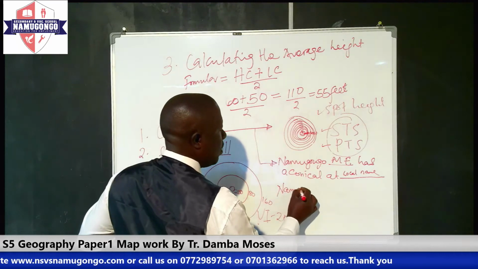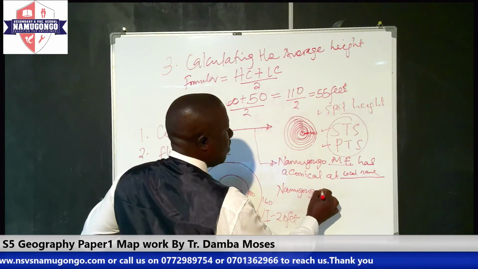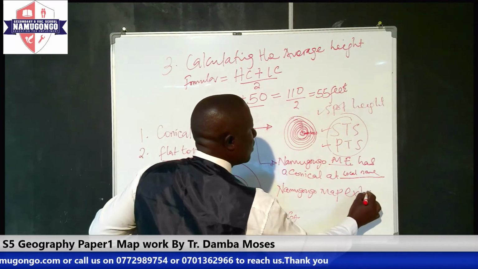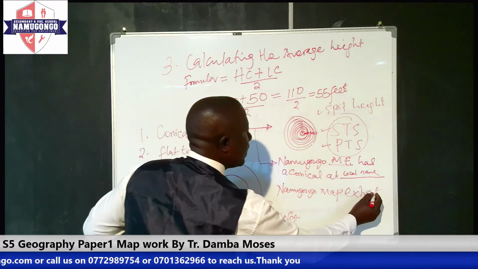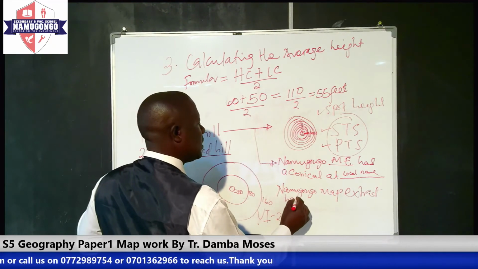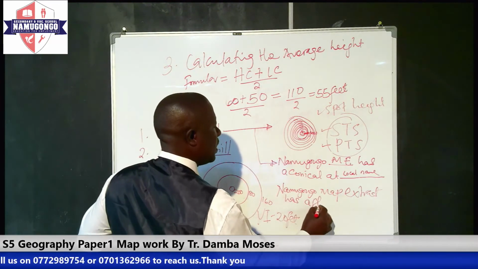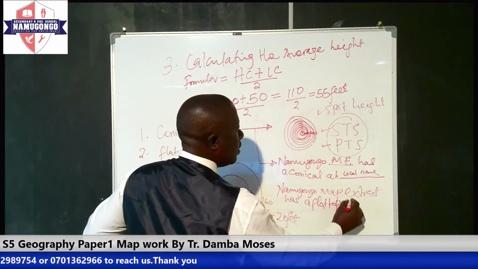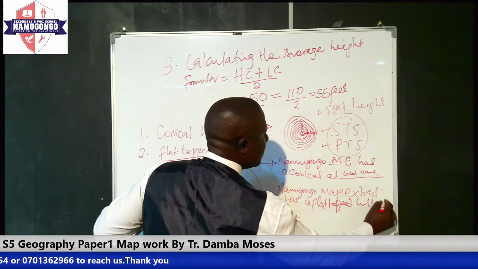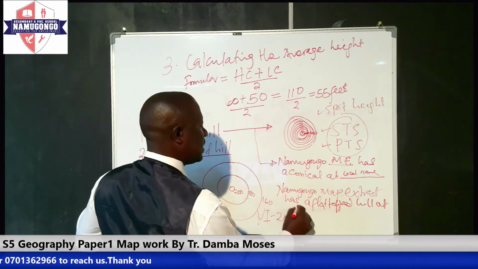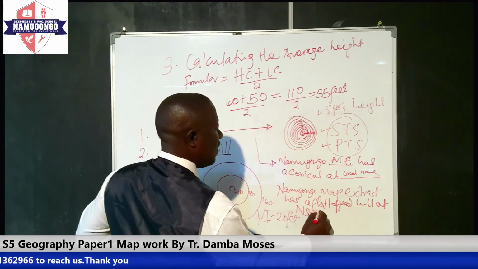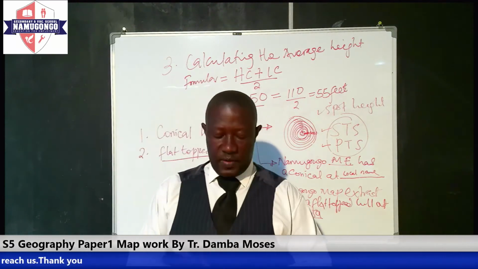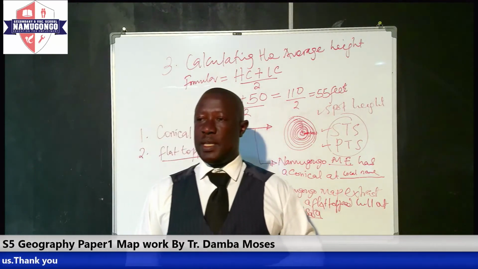Namugongo map extract has a flat-topped hill at maybe Sasa. You give the local name, Sasa. If you don't give the local name, you may miss a mark.